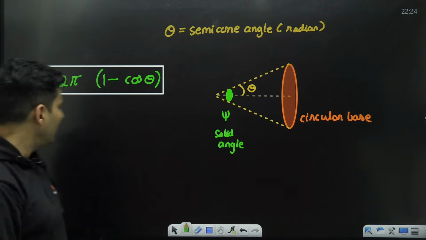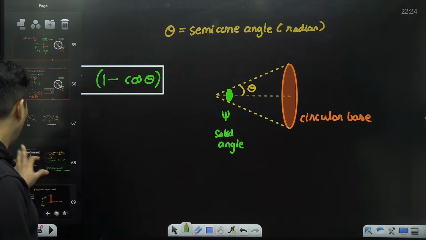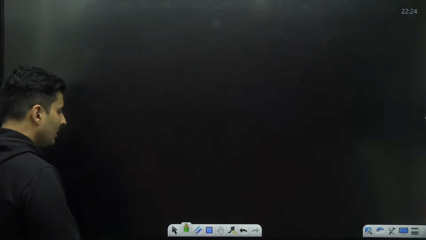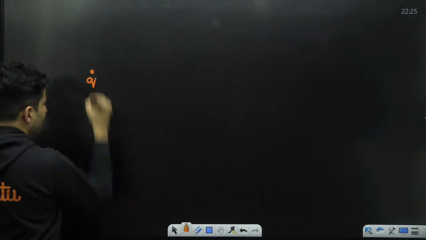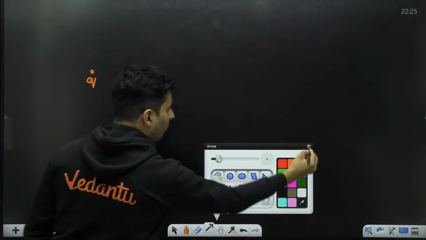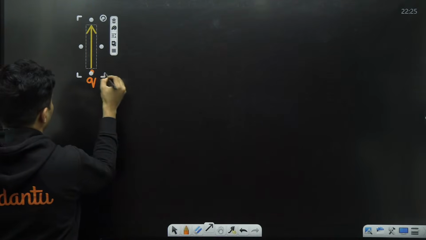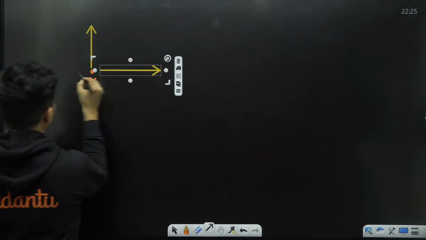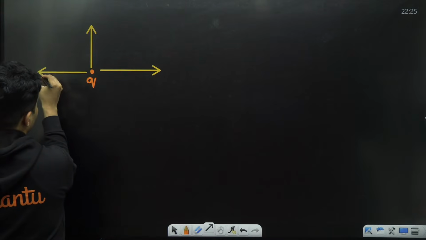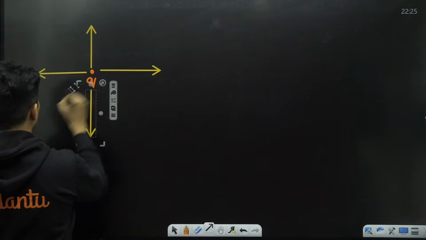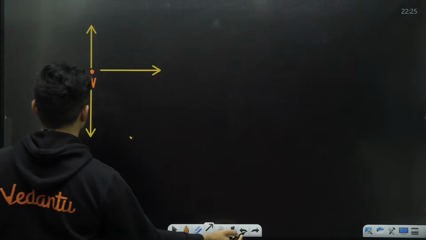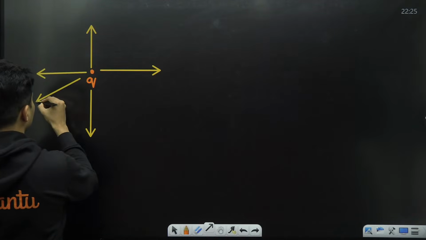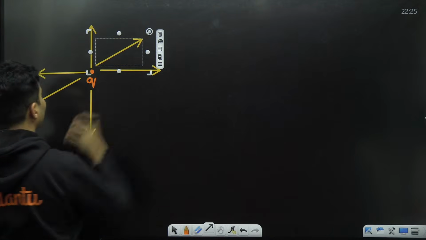Why is this important? You might be asking. The answer is simple. If you have a point charge, then the electric field will go in all three dimensions: inside, outside, towards you, away from you, everywhere.